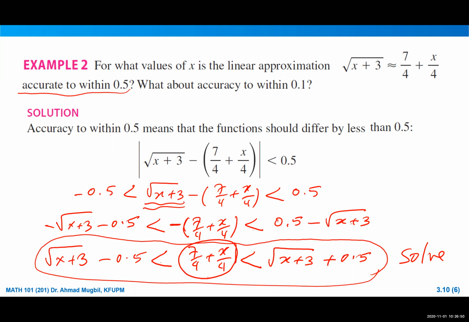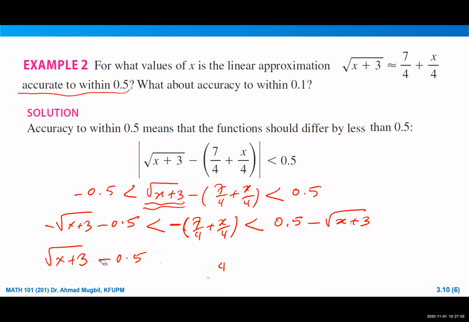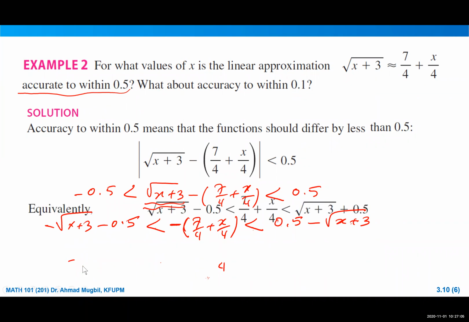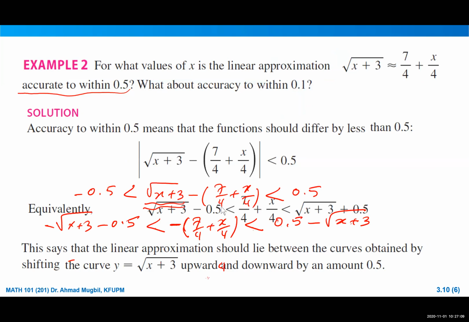How to solve such questions graphically will not be given to you in any quiz or exam, but it is important for you to have an idea about that. So how do we solve this geometrically, graphically, guys? You need to use a computer graphing tool to sketch these 3 graphs. What are the 3 graphs that you will sketch?